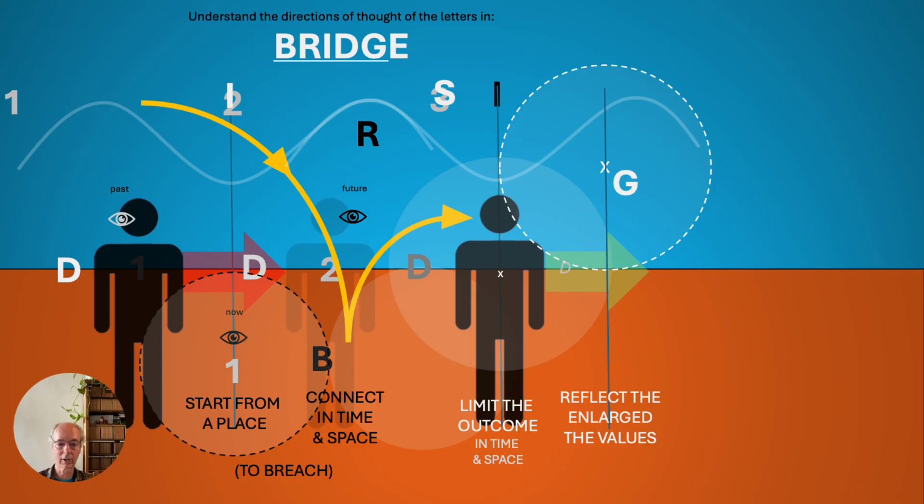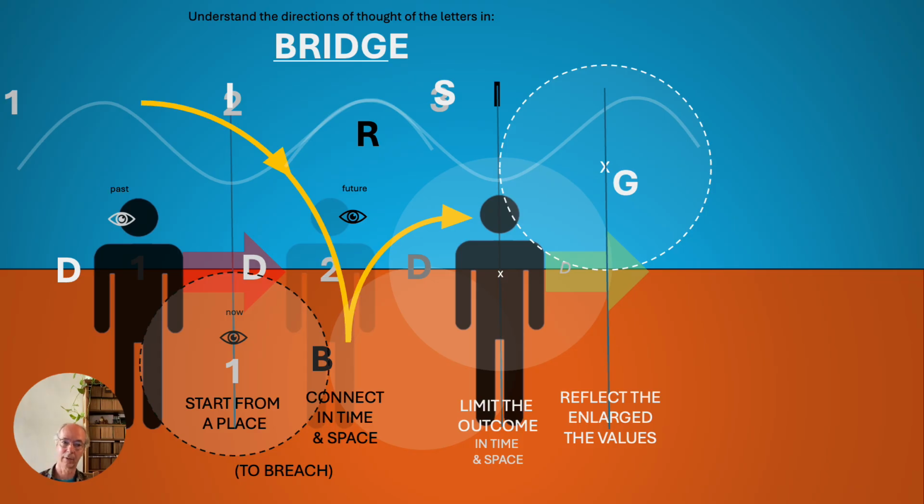So with the R, I will connect to it in time and space. With the D, I forgot to express here, but that's also breaching the time moment, actually, by just focusing upon it. And then with E, I limit the outcome in time and space, so I limit my outcome, so I connect to the right time and place where I will limit my outcome as well.